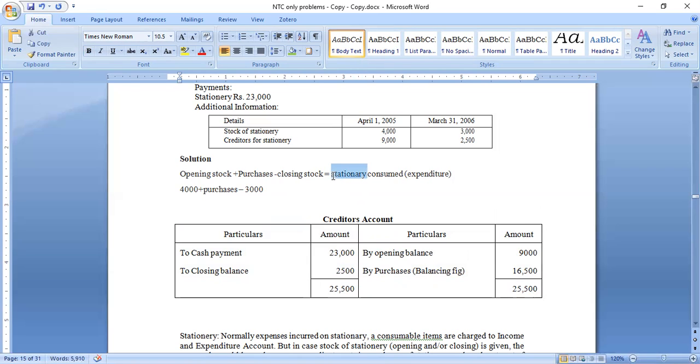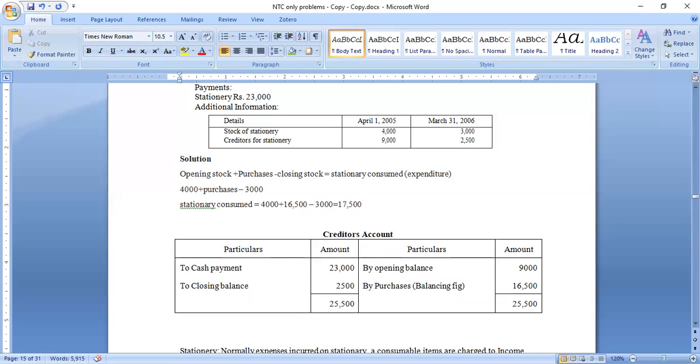So finally, 17,500 is the stationery consumed.